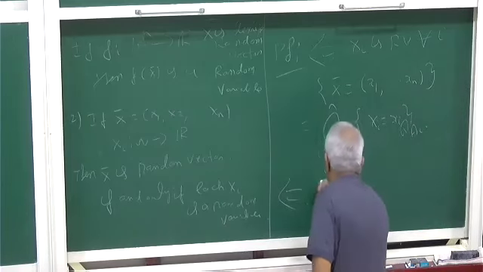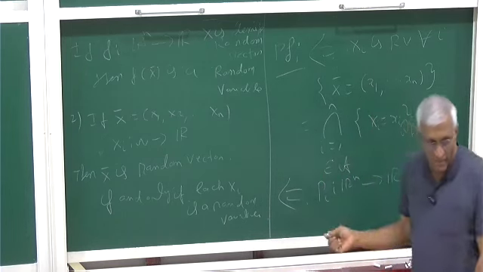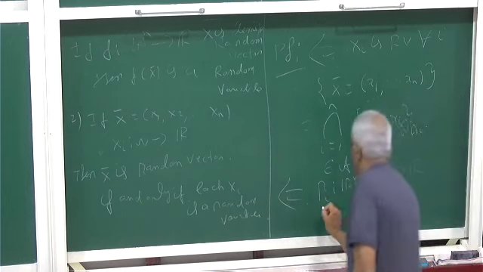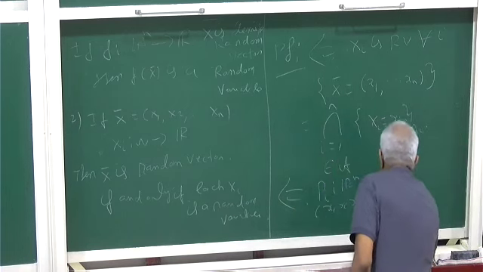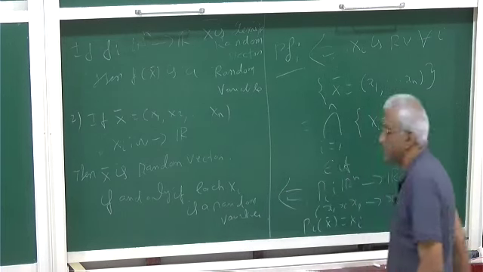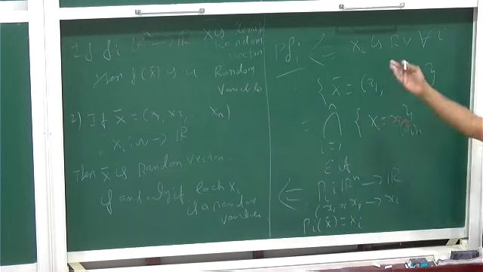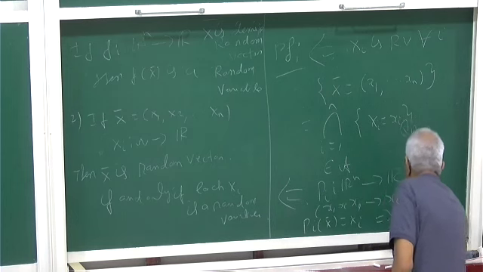So take pi from Rn to R as the ith coordinate projection, mapping (x1, ..., xn) to xi. Then pi of X bar is Xi. So from the earlier result, it follows that Xi is random.